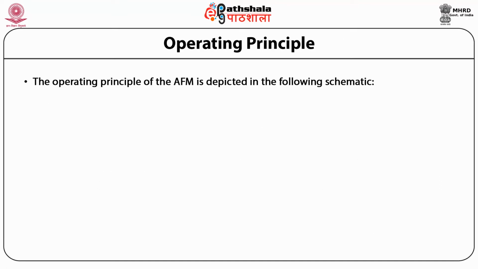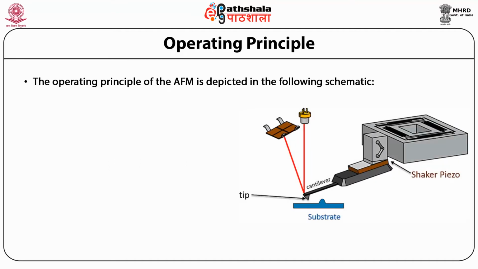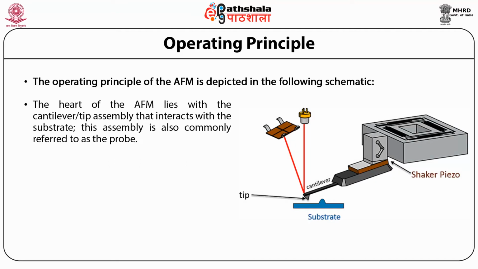Let us now discuss the operating principle of the AFM, which is depicted in the following schematic. The heart of the AFM lies with the cantilever tip assembly that interacts with the substrate.